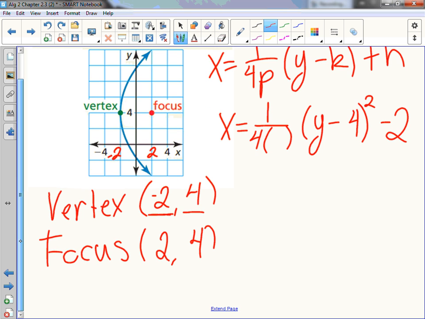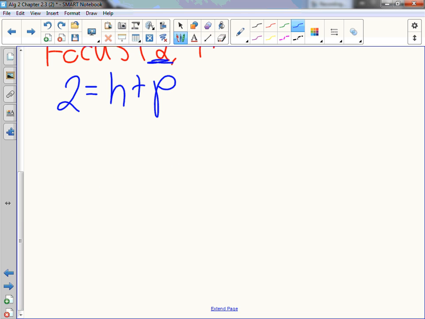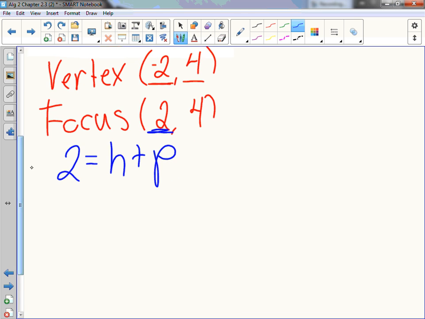Now what do we need to find? We need to find the value of p, yes? Well, p shows up in the focus because 2 is equal to h plus p. And we already know the value of h is negative 2, so we have negative 2 plus p.